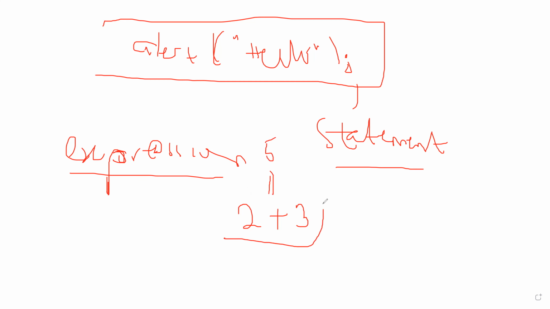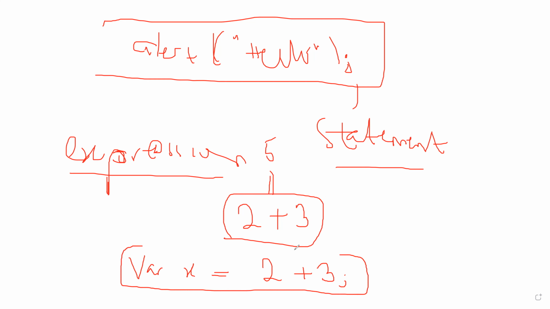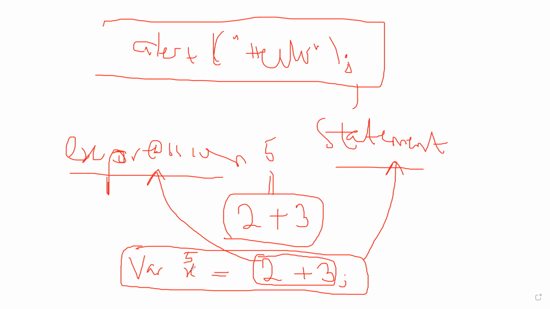So this is an expression. But if I do something like this, I will still come to this, don't worry: var x equals 2 plus 3, semicolon. Everything here is called a statement, but this 2 plus 3 is what? An expression. Why? Because it evaluates into 5, and the 5 is now assigned into this variable.